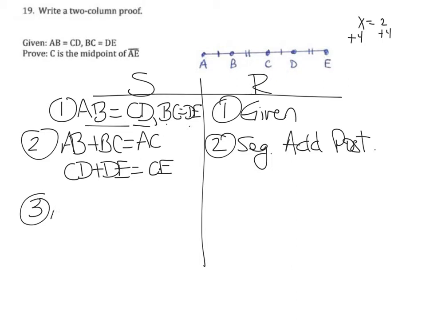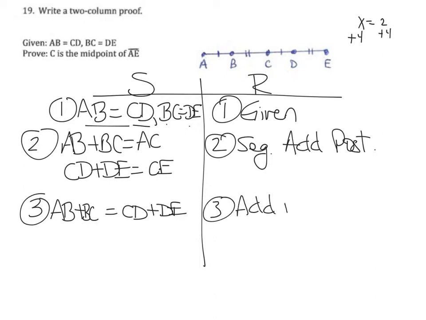So I could actually say that AB equals CD, that's what we currently have, and I could add the same value to both sides. Well, the same value is BC and DE, so I could just add BC and DE to both sides because they're the same thing. And that is the addition property of equality.